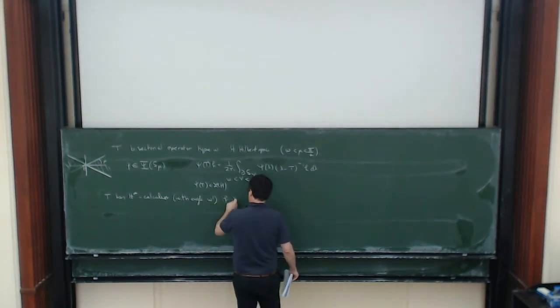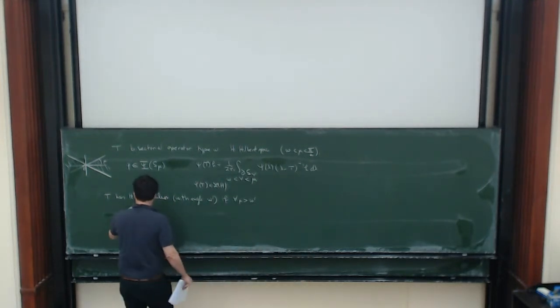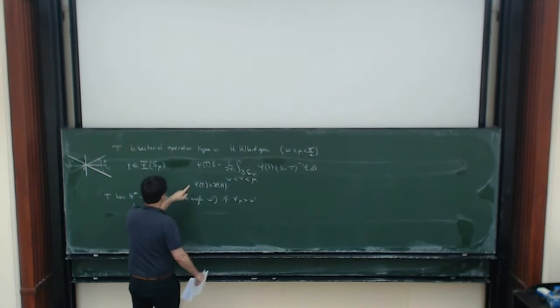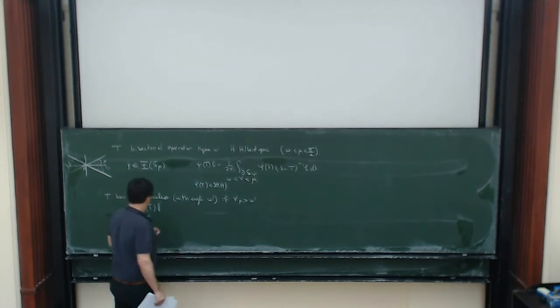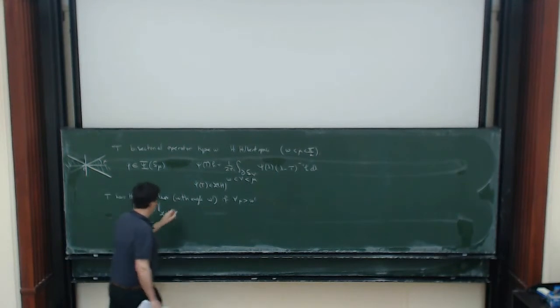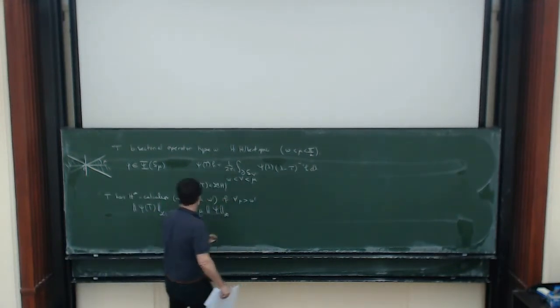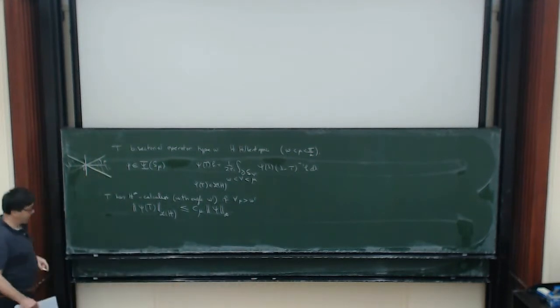If for all mu bigger than omega prime, we have that this operator psi of T, with such psi, is of course bounded in L of H, but with a bound that's controlled by the sup norm of psi on this open sector.